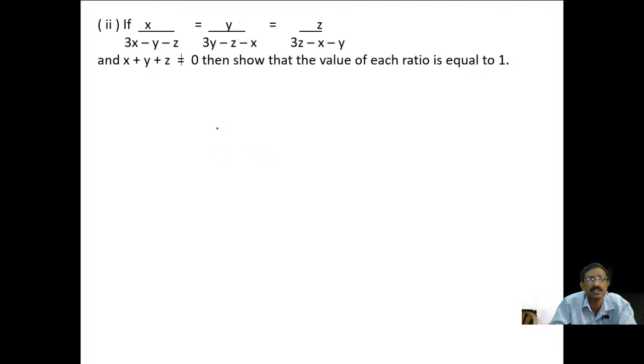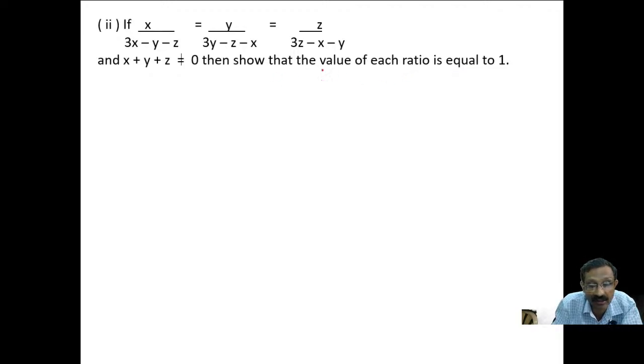Now what we have is, if x upon 3x minus y minus z is equal to y upon 3y minus z minus x, which is equal to z upon 3z minus x minus y, and x plus y plus z is not equal to 0, then show that the value of each ratio is equal to 1.